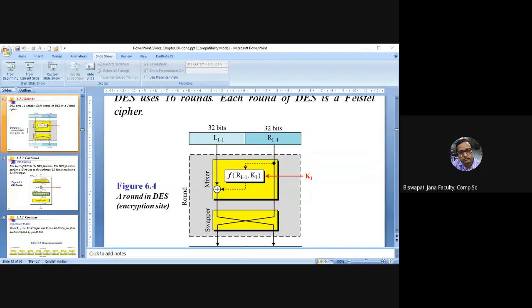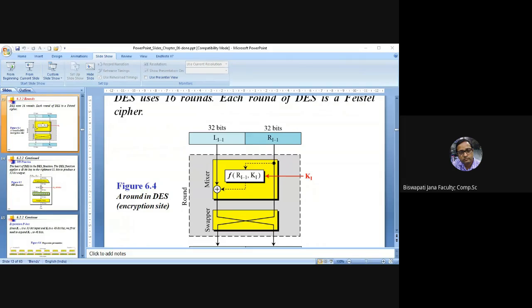After passing through this function, the bits perform an XOR operation with the left side, and that goes to the swapper on the left hand side. On the right hand side, the bits go directly to the swapper.